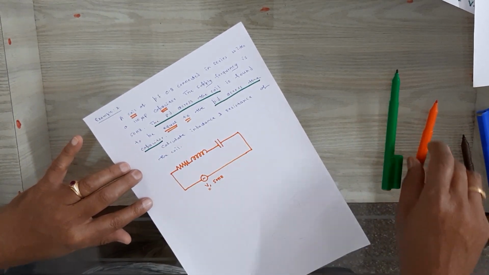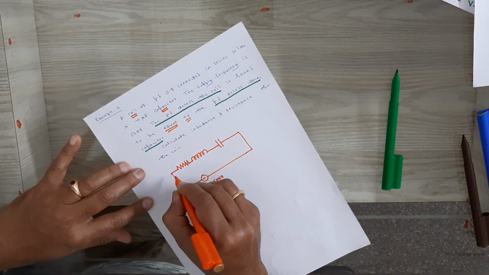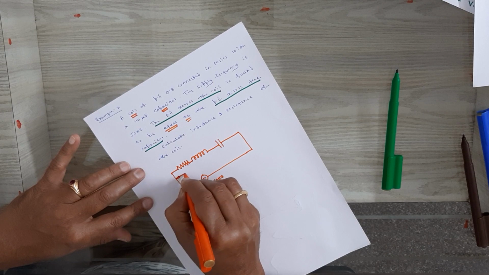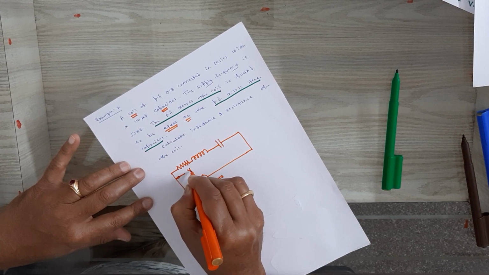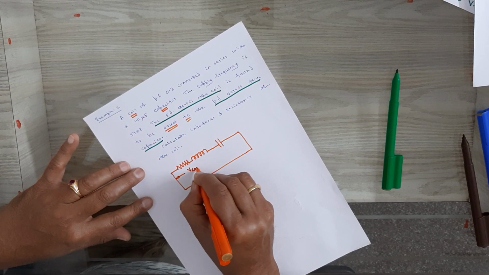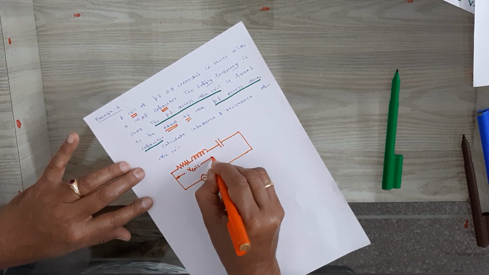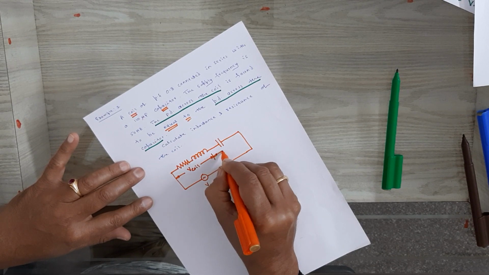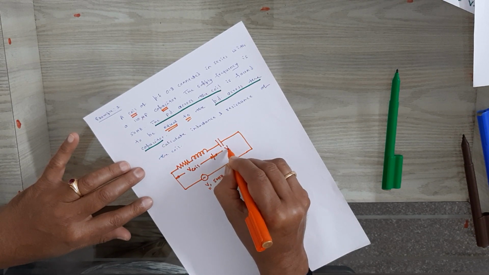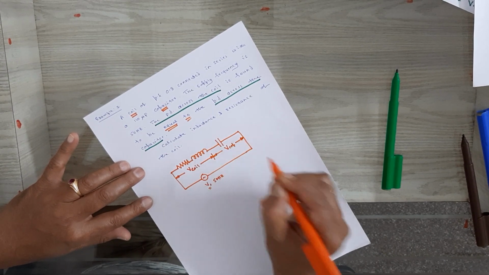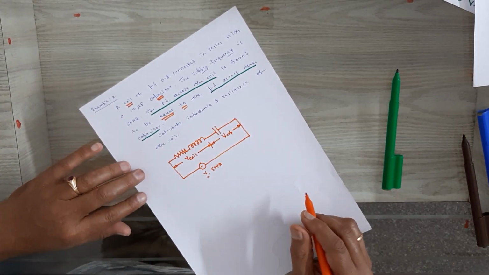We will see that. The voltage across the coil I will call V coil. I will represent this as V coil, and the voltage across the capacitor I will write V cap, for more clarification.